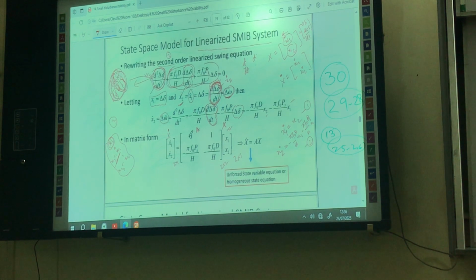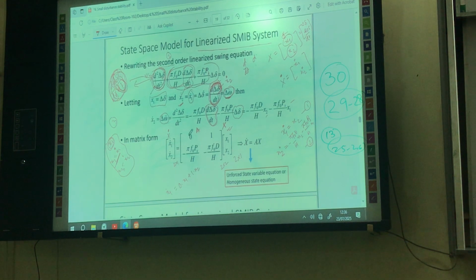Now look at the first row, because this first row will be multiplied by x1 and x2 respectively, and that will give you the x1 dot, right? So look, there is no x1 term here, right? That's why you can write your x1 dot, the equation number 1, I can rewrite it like 0 multiplied by x1 plus 1 multiplied by x2, right?